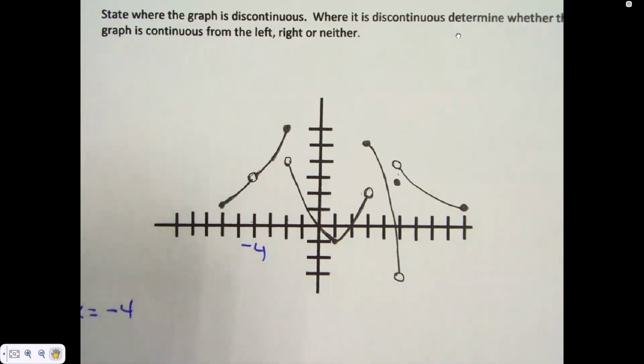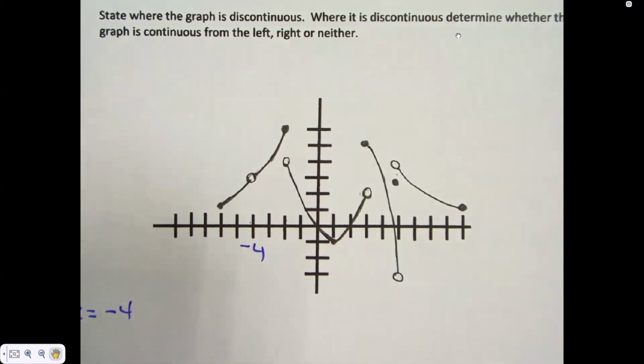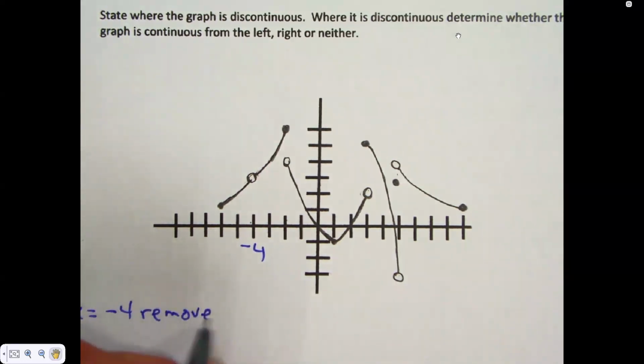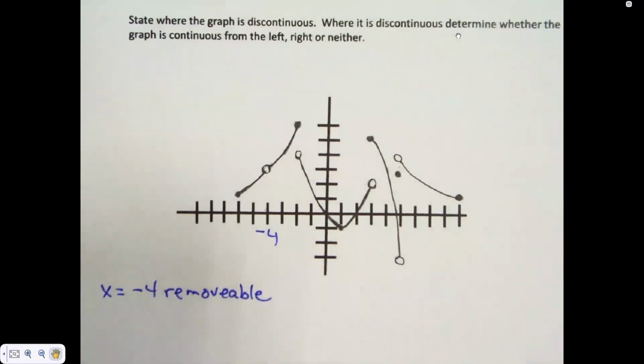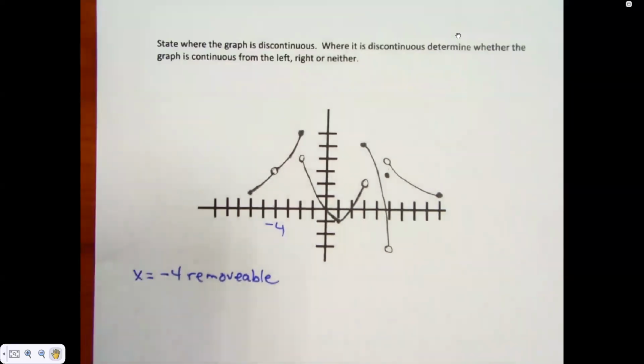We could write hole. We could write removable if we wanted to. Either one's okay. See any of that? I might zoom out a little. All right, who wants to give the next one? Who wants to try?